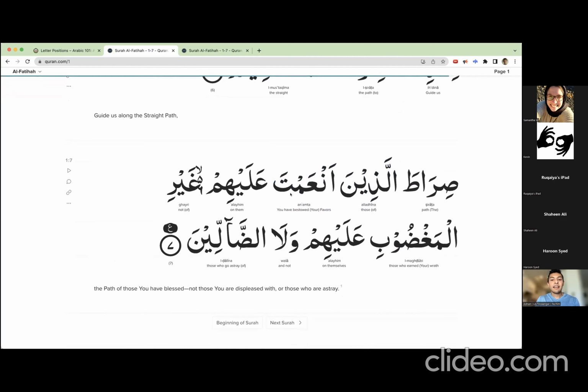Versus this, technically Arabic doesn't have a past tense, but rather a perfected tense, where the action has been completed. Oh, okay. So an'amta is like the action has been completed. Now, that comes up later when we read the Quran, because sometimes you'll see what we think is a past tense used for things that are happening in the future.